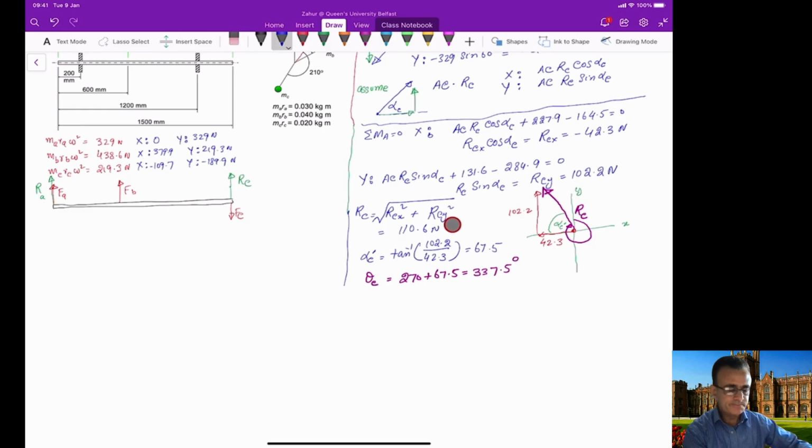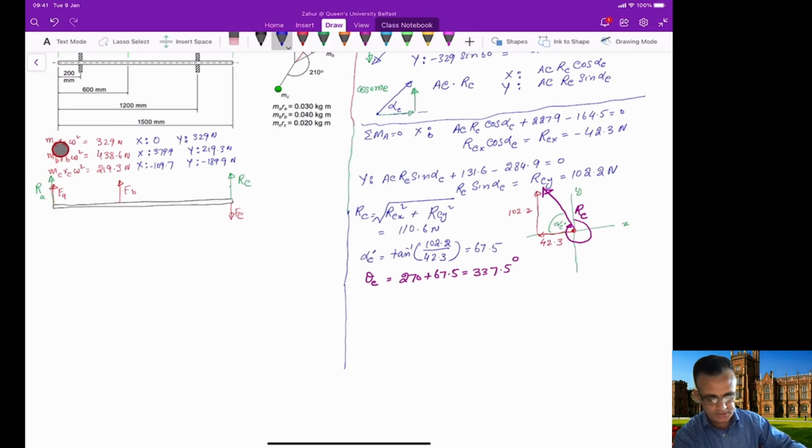So here you managed to calculate the value of this theta c, and now the RC in this case is 110 Newton. But we now want to calculate the MR value of this reaction here. So the MR value can be calculated from this reaction.